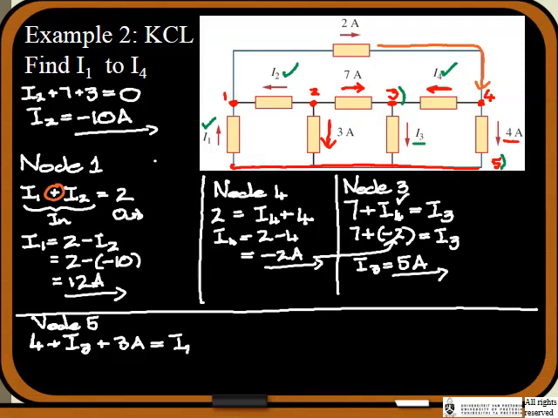But we know what I1 is. We can simply plug it in from over there. So we can rewrite the equation. I3 must equal I1 minus 4 minus 3.